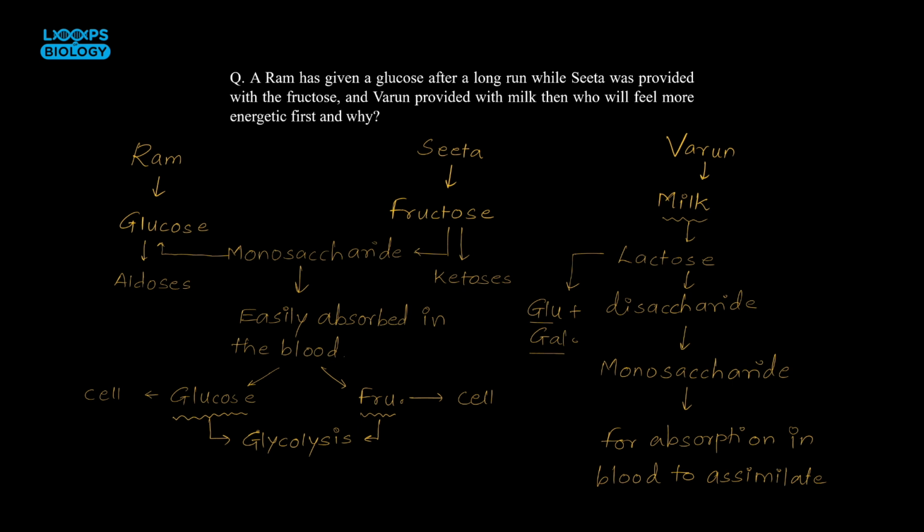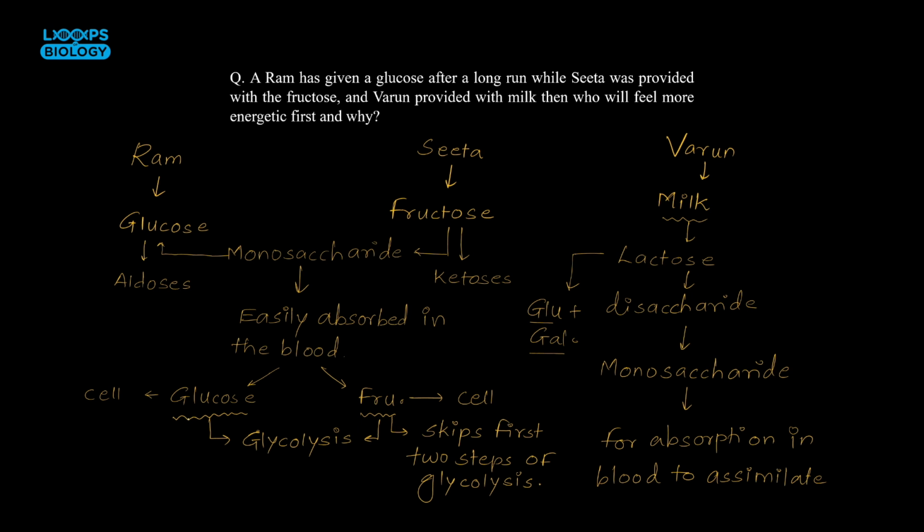So whenever I am providing fructose directly inside a cell, the fructose skips the first 2 steps of glycolysis. And as the steps are skipped, the energy obtained from fructose will be quicker as compared to glucose.